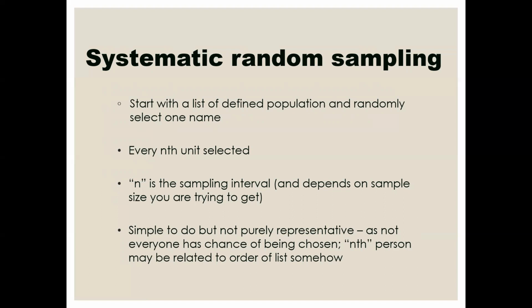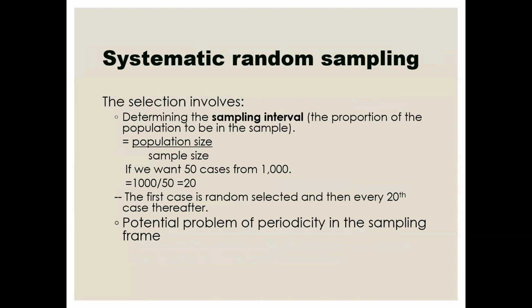It's not always representative, because if there's an ordering, if every 10th person is, I don't know, someone who is a new hospital administrator for some reason, and you pick every 10th case, you're just going to get a sample of new hospital administrators. So you don't want a list that has any kind of periodicity or any kind of order in which people are listed. So let me show you a real example.